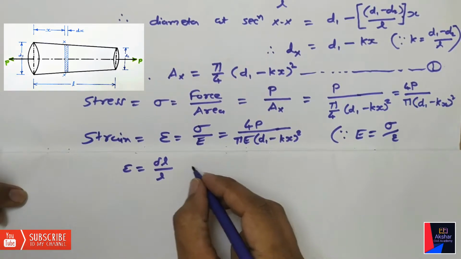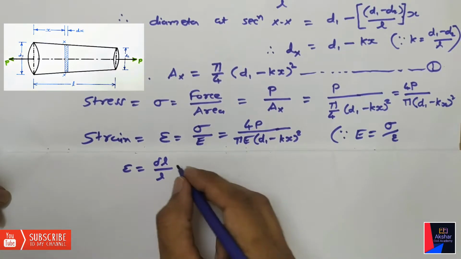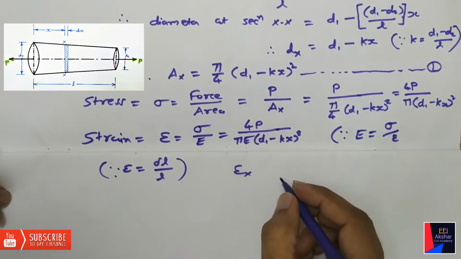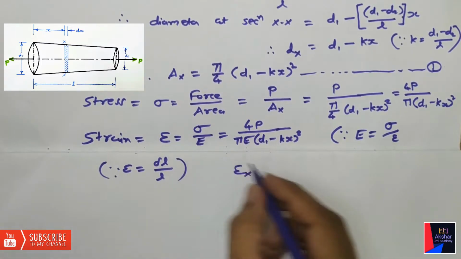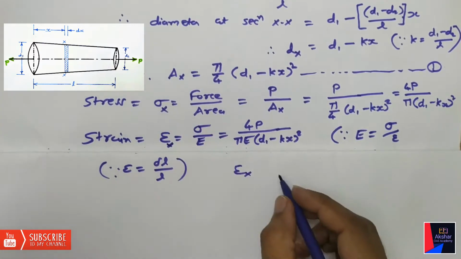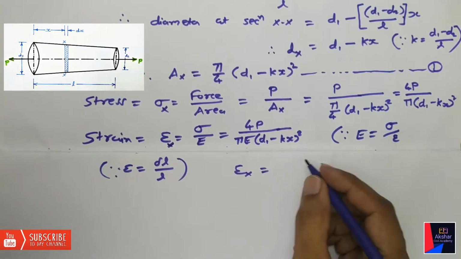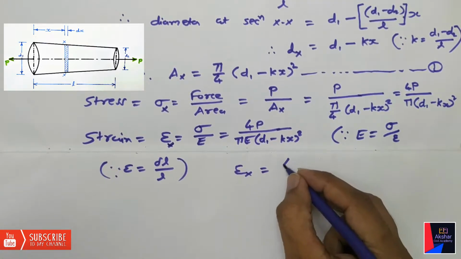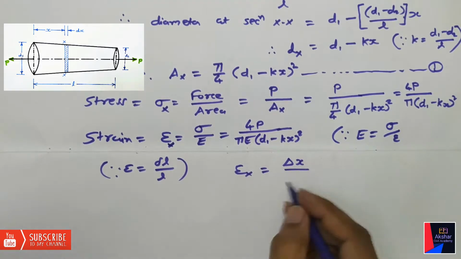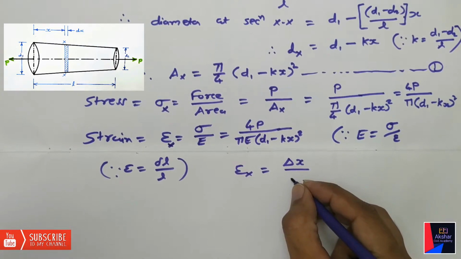In the same way, strain at section x will be equal to the change in length, which will be very small, so delta x, and the original length of that element was dx.